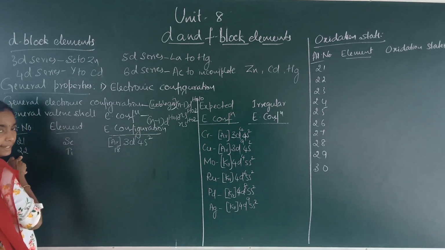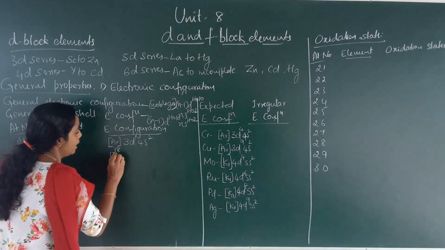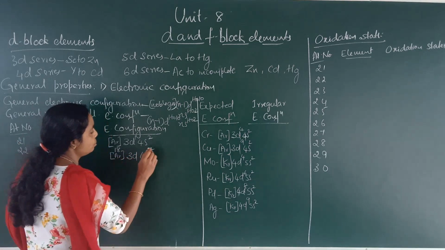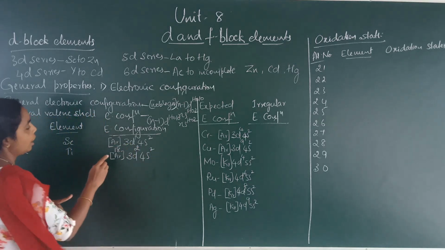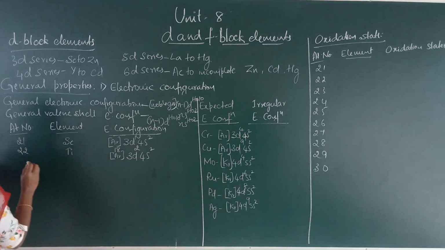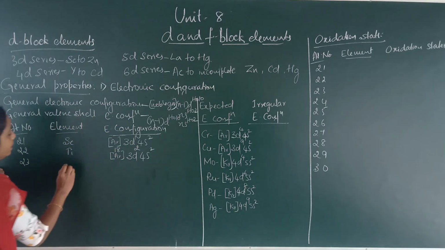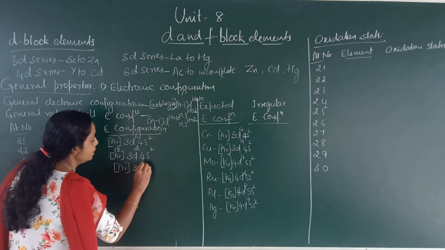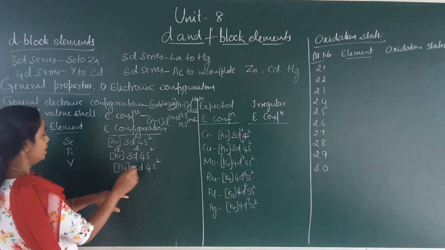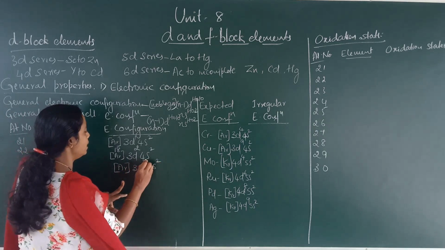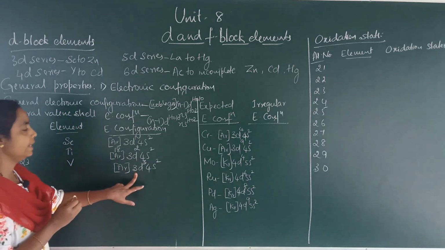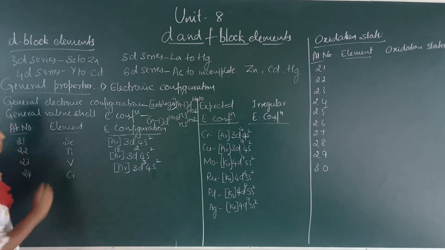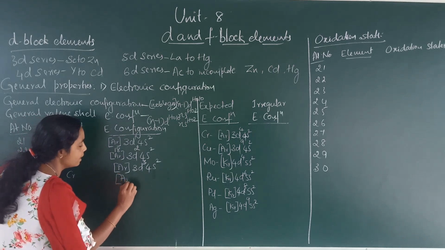The number of electrons present in titanium is 22 and the electronic configuration is argon 3d2 4s2: 18 plus 2 is 20, 20 plus 2 is 22. The element with atomic number 23 is vanadium, and the electronic configuration is argon 3d3 4s2: 18 plus 2 is 20, 20 plus 3 is 23. Therefore, argon 3d3 4s2.